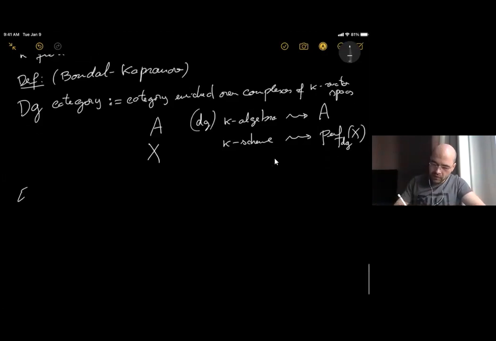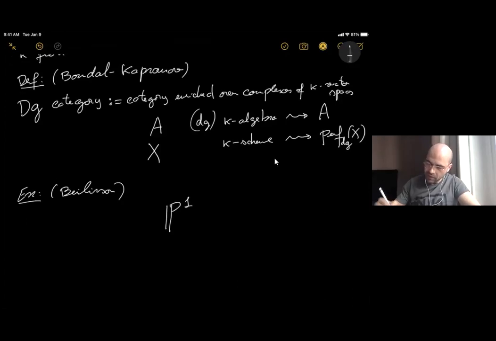Okay, so this famous example of Beilinson says the following. If you look at the projective line, the category of sheaves on the projective line is very different from a category of modules over an algebra.